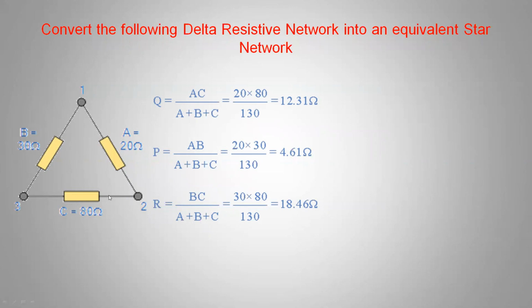A is equal to 20 ohms, B is equal to 30 ohms, C is equal to 80 ohms. So you are calculating Q. First you are calculating P. In the P value, you calculate A into B by A plus B plus C.